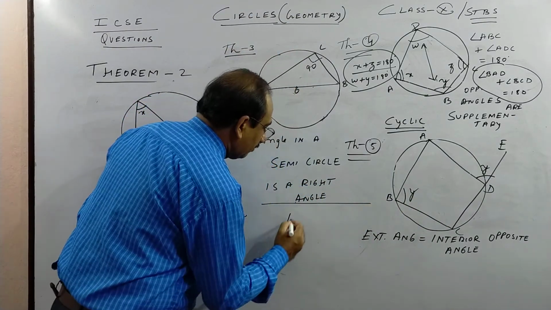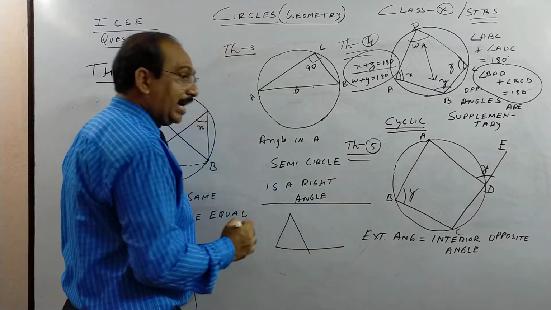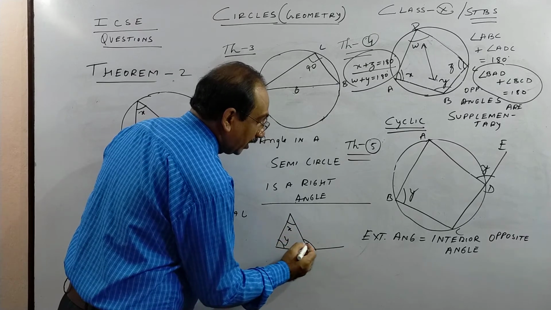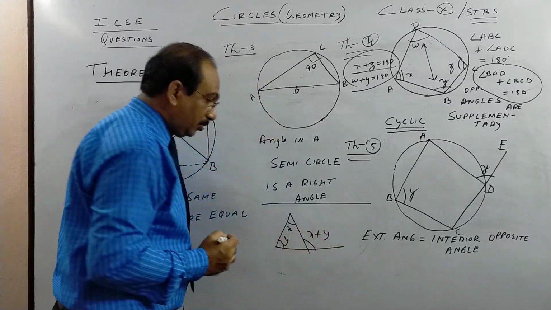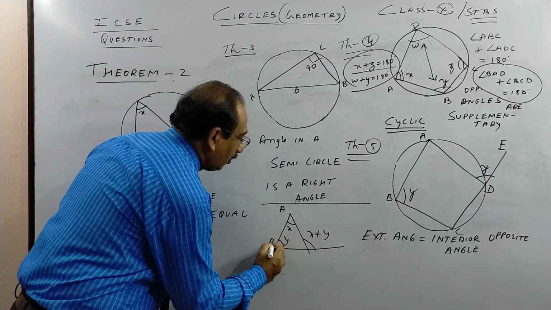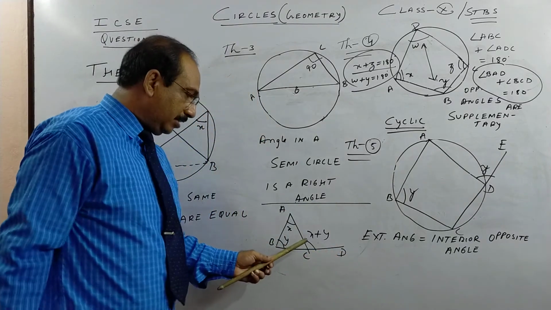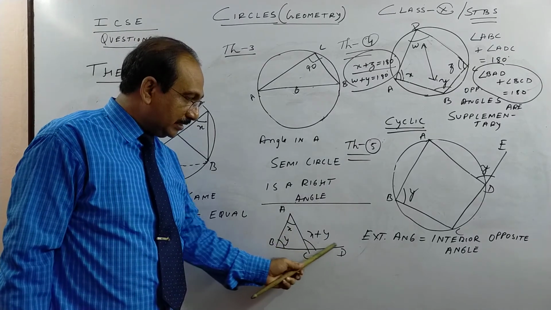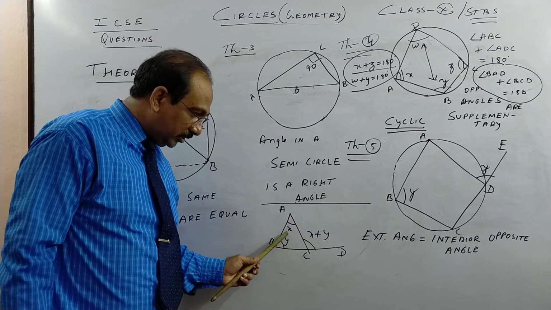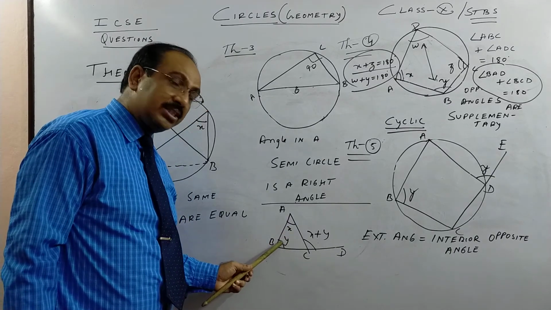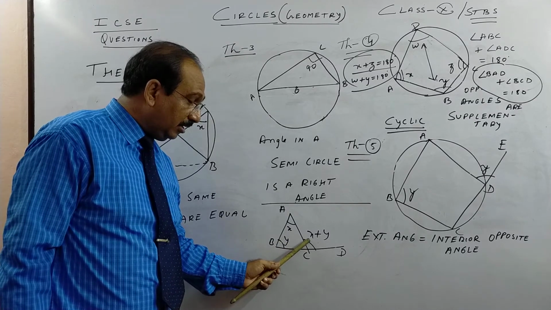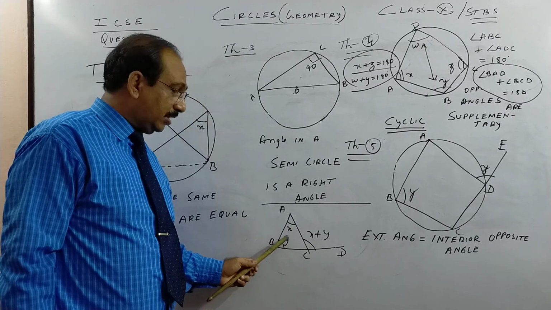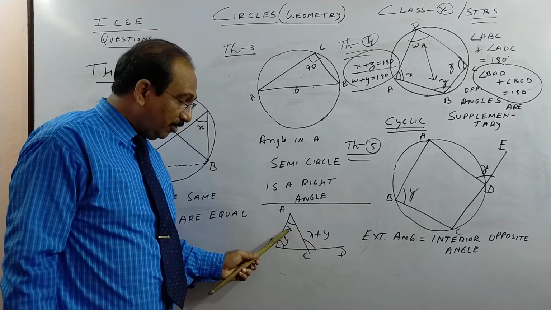If you remember, I am reminding you about what we had in triangle. Just don't get confused. In a triangle, if this is X and this is Y, the exterior angle is equal to the sum of the interior opposite angles, children. So this angle ACD, these two are opposite to this, and interior means inside. So the exterior angle is equal to the sum of the 2 interior opposite angles.